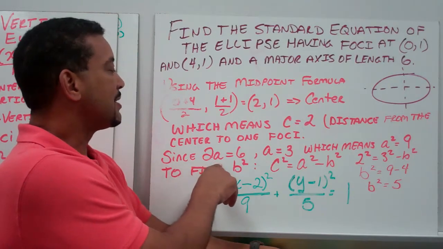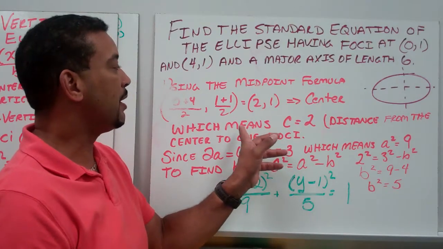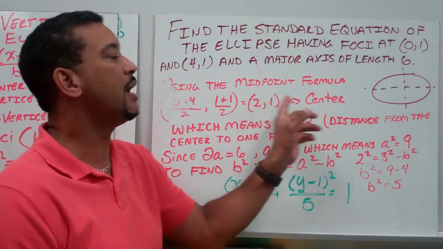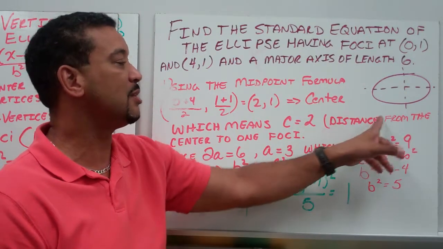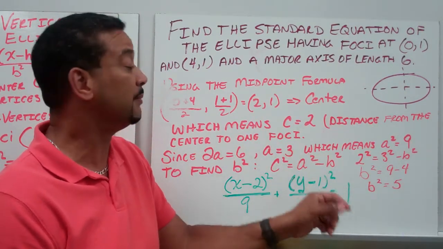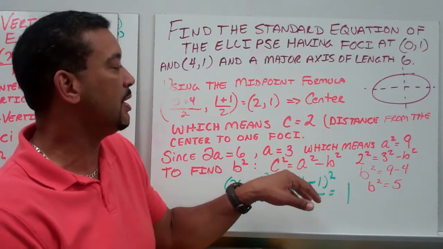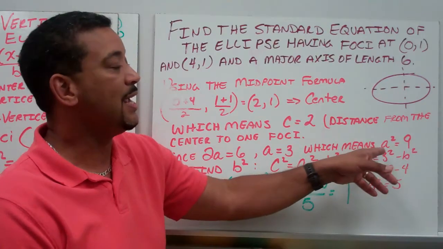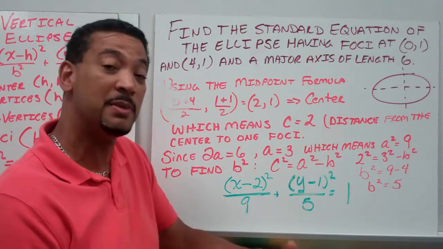It told us that our major axis is 6. Since 2a is 6, a is 3. Since our center is at (2, 1) and we know it's going in this direction, c has to be 2, which is the distance from the center to one of the foci. Since a is 3, a squared is 9. We still need b squared to be able to use our formula.